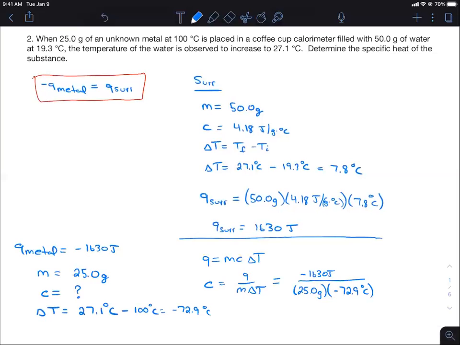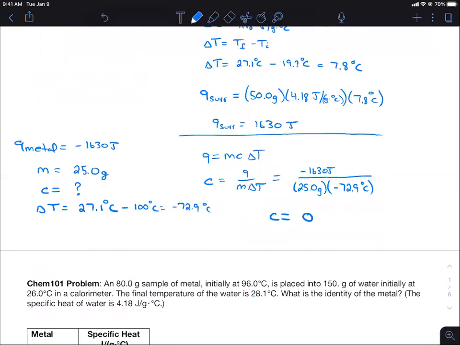Notice the two negative signs will cancel out, and that should happen because the specific heat has to be a positive number. So our final specific heat is 0.894 joules per gram times degree Celsius. And if we look that up on the table, we could find out that that is most likely aluminum.